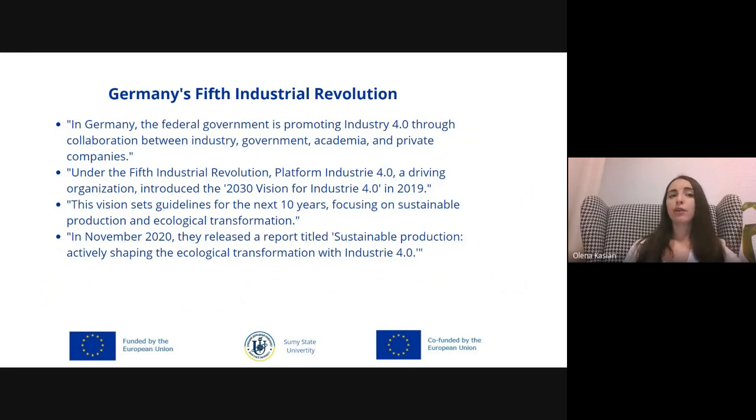Under the Fifth Industrial Revolution platform, Industrie 4.0, which is the driving organization behind Industry 4.0 in Germany, announced in 2019 the 2030 Vision of Industry 4.0 as guidance for the next 10 years, as well as the report titled Sustainable Product, actively shaping the ecological transformation with Industry 4.0, in November 2020.